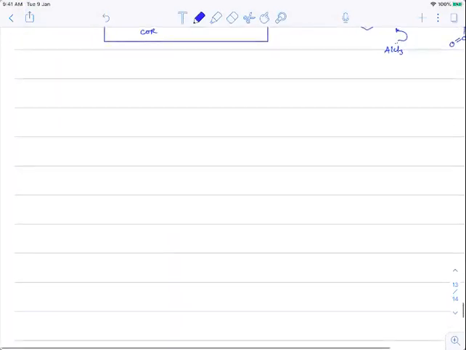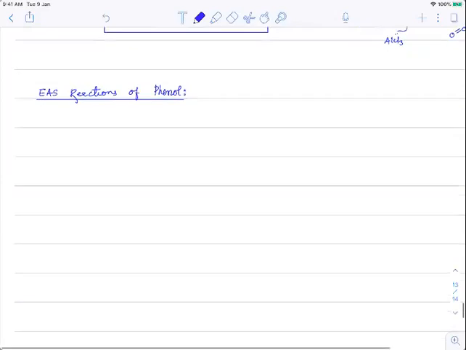Okay. Now let us see the important EAS reactions of phenol. First one is bromination.